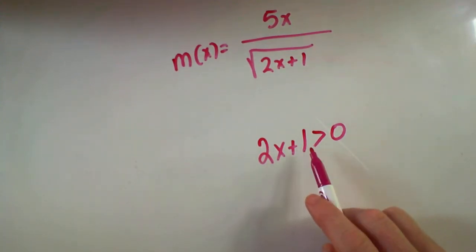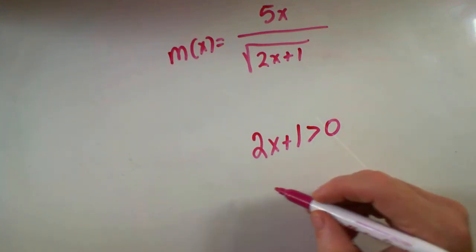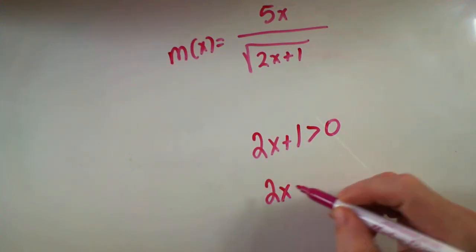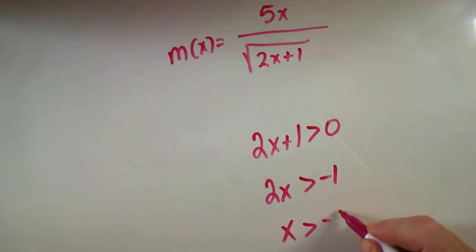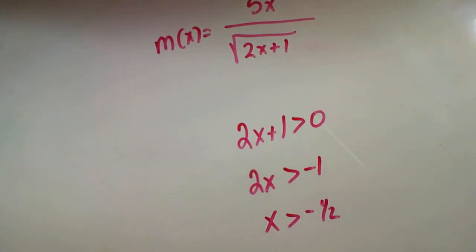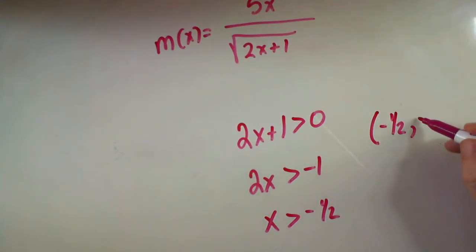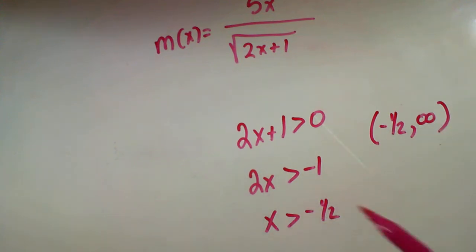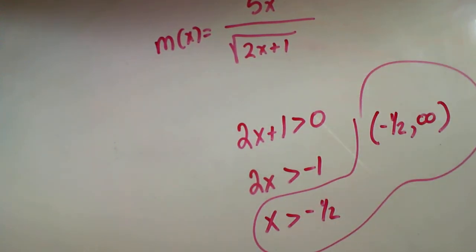We remove the or equal to option because we are in the denominator. Subtract 1 from both sides, 2x greater than negative 1, x greater than negative 1/2. So that means that x is going to start at negative 1/2 and is going to go up to infinity, and there is our answer.